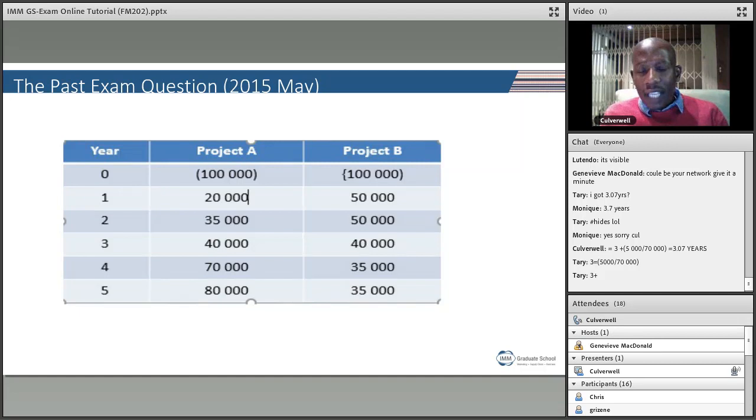If you look at the cash flow in year 1 for project A, it's 20,000. You do this calculation using your financial calculator first to get your discounted cash flows. You would say 20,000, I'm expecting to receive it after 1 year, meaning it's in future.